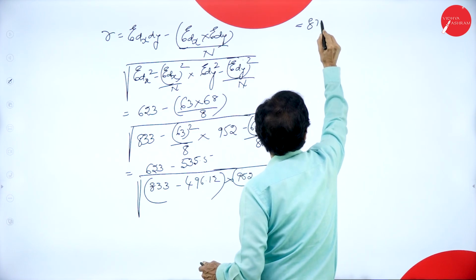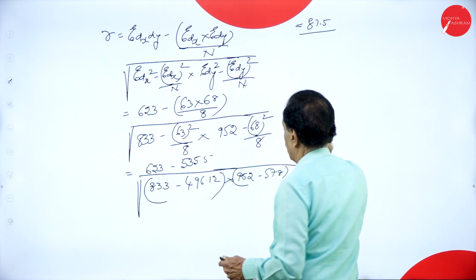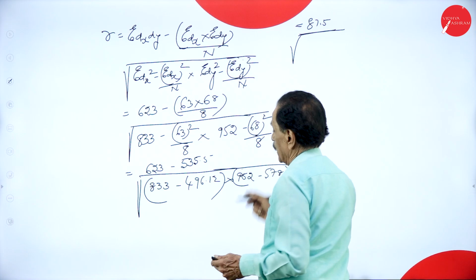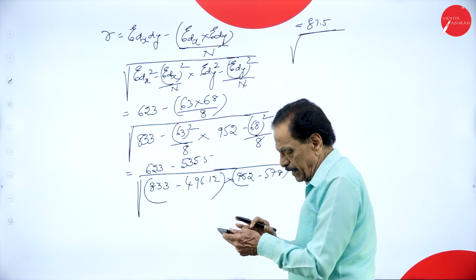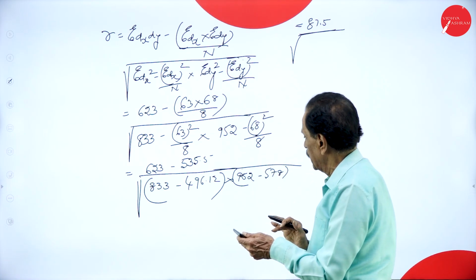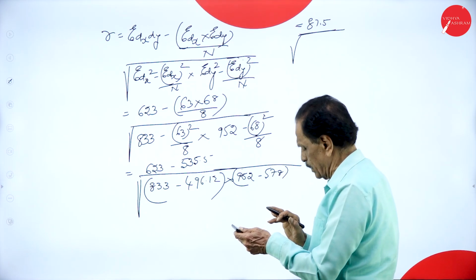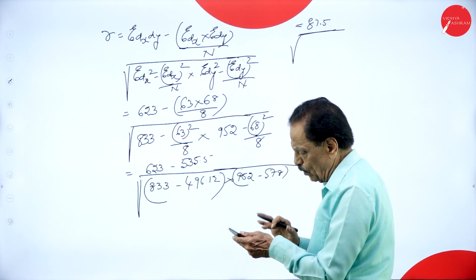87.5 divided by root of 833 minus 496.12.